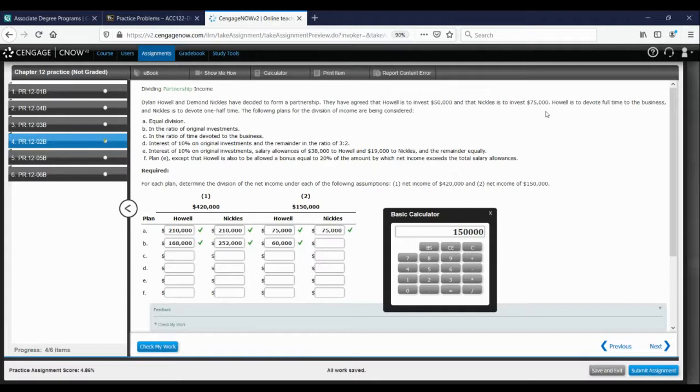Again, that would have been calculated as 75,000 divided by the total investment of 125,000. 60% times 150,000 will give you Nichols' share of this amount of net income, which is 90,000.